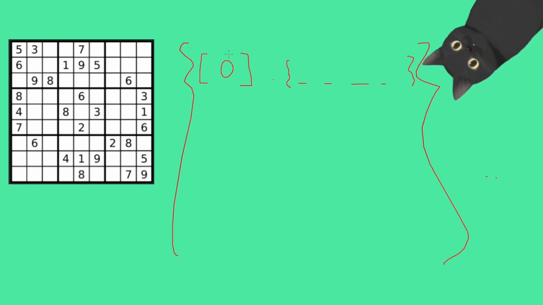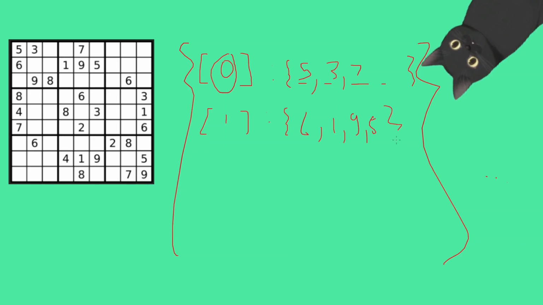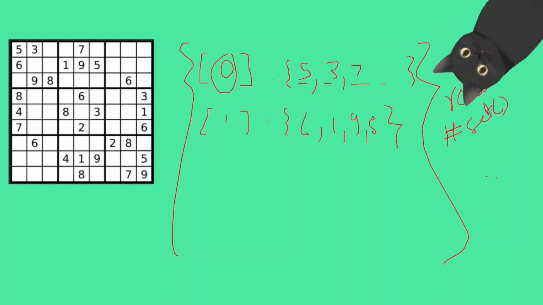And this basically will mention that on row number 0 we have 5, we have 3, we have 7. Similarly, on row number 1 we have 6, we have 1, we have 9, we have 5. So this is the row hash set. This is how the row hash set will work.